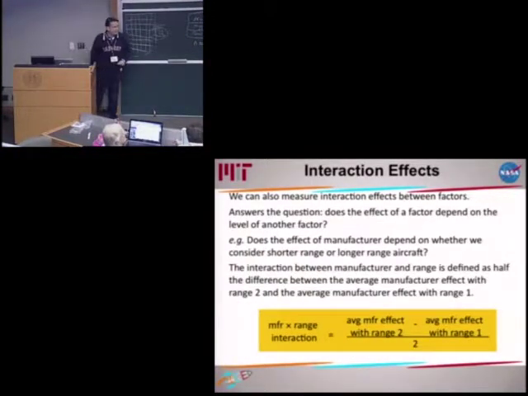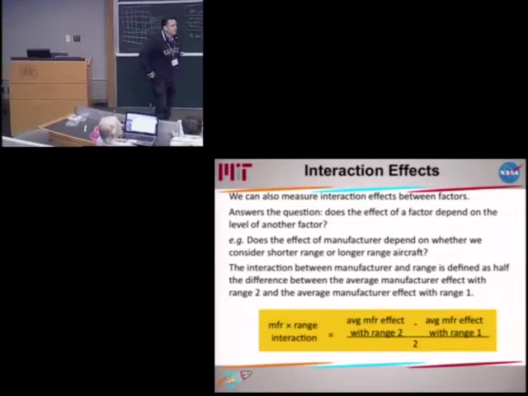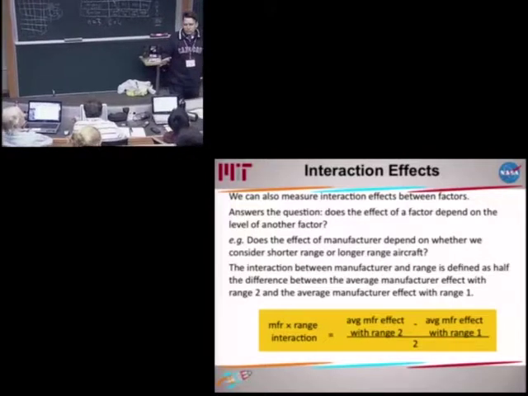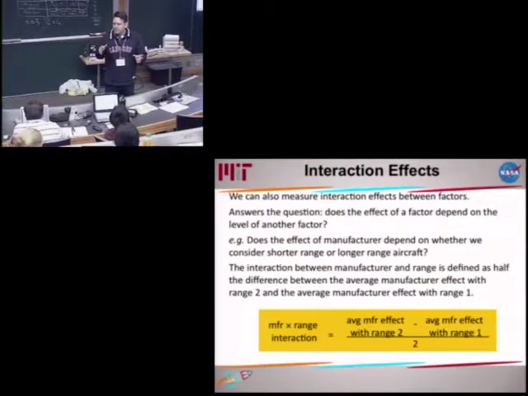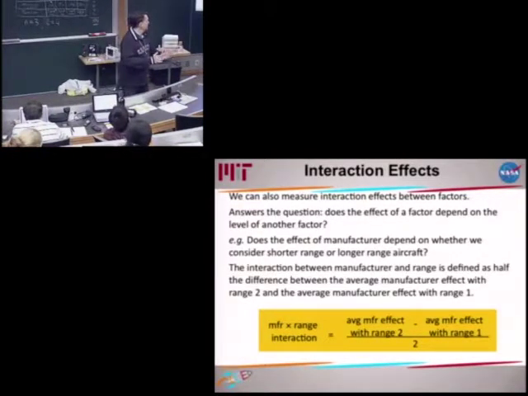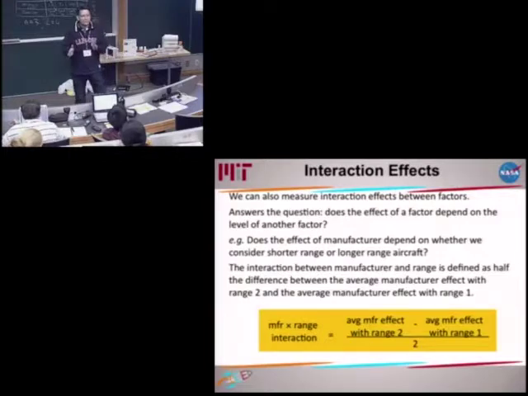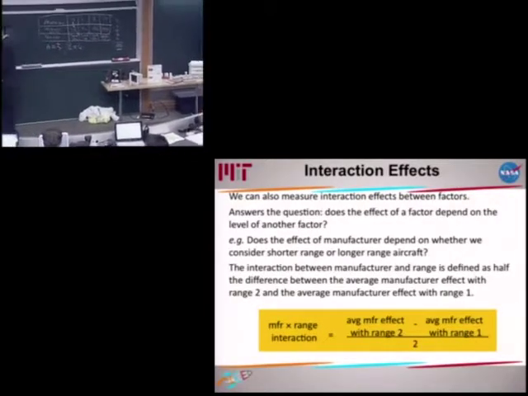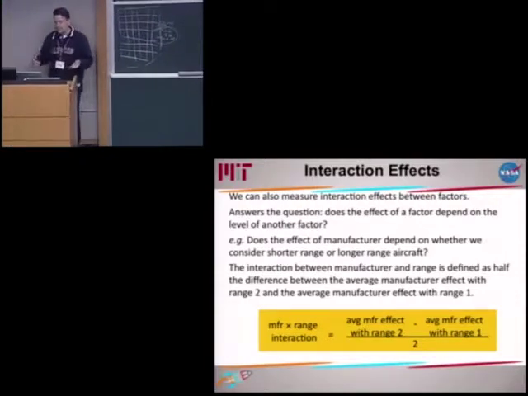So then the interaction effect asks the question: that's perhaps true overall, but what if we looked at the shorter range airplanes and the larger range airplanes? Does it matter? Is that difference constant, or is there an interaction effect between the type of manufacturer and the range?